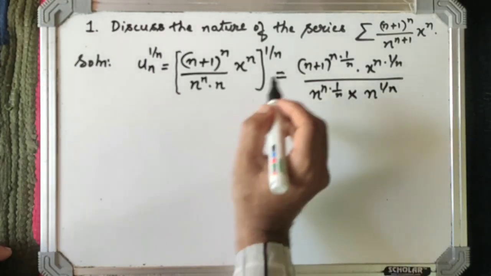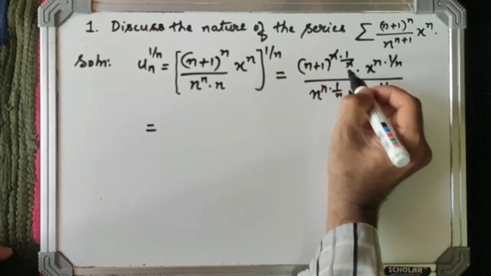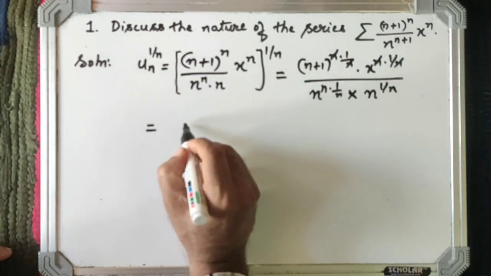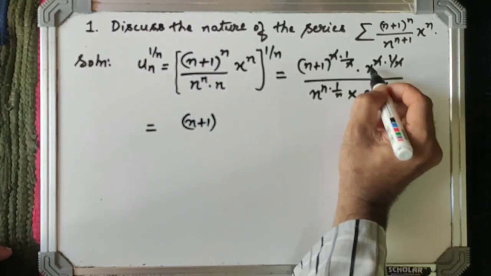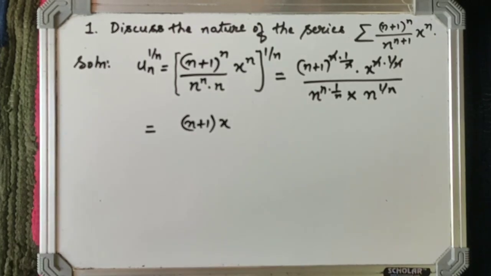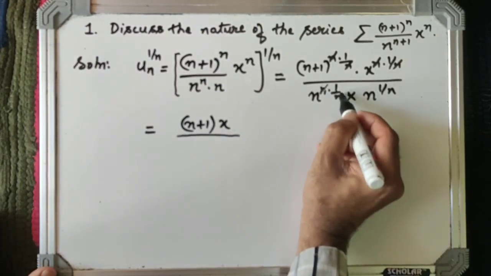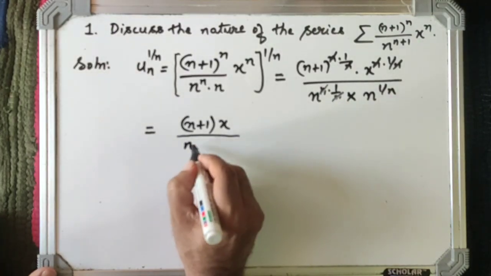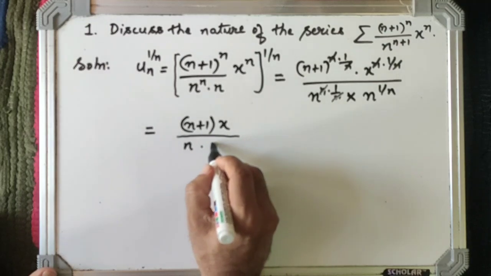So this n cancels, this n also cancels. Therefore you will get n plus 1 into x, divided by, here also n cancels, so you will get n into n power 1 by n.